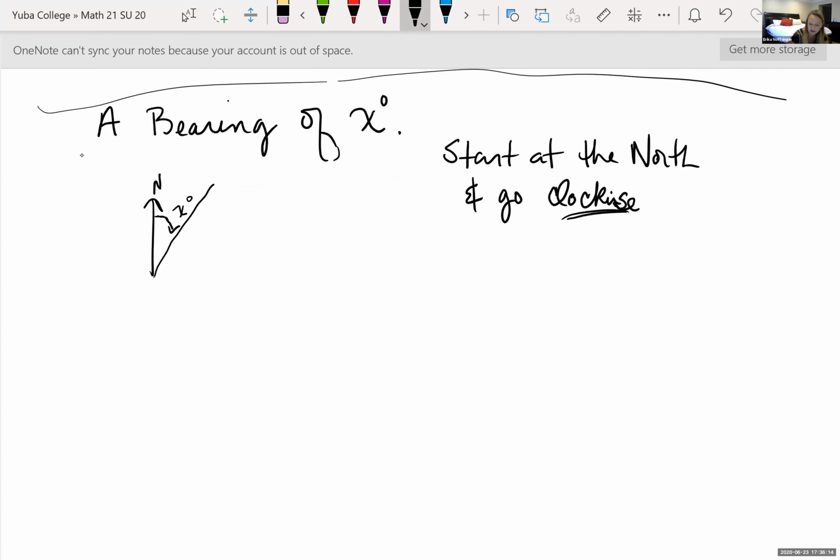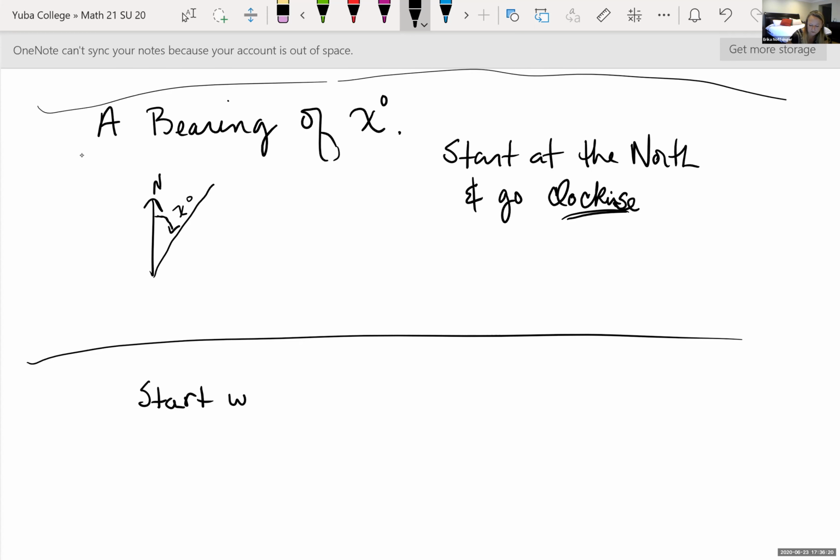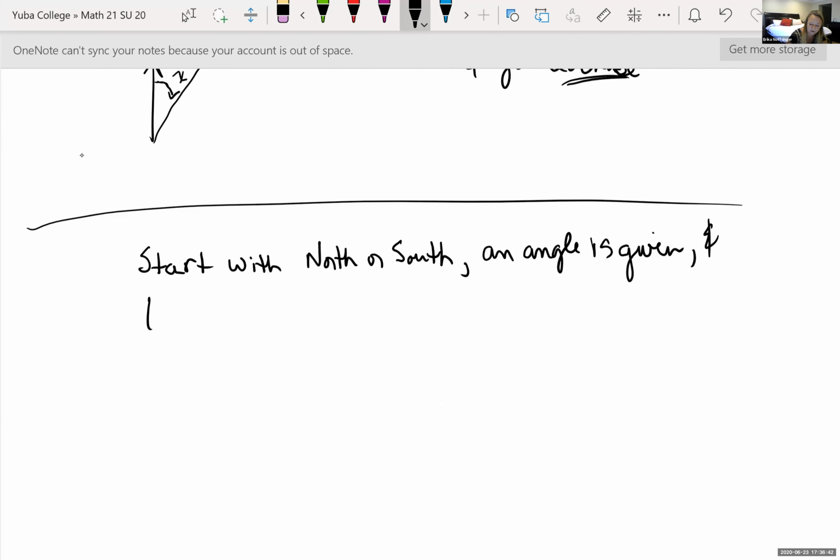So another way they might give you is: start with north or south, an angle is given, and then it ends with west or east.